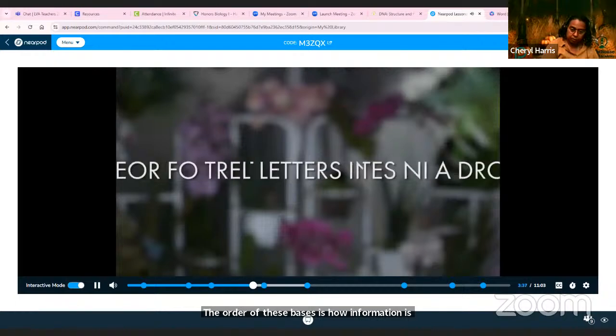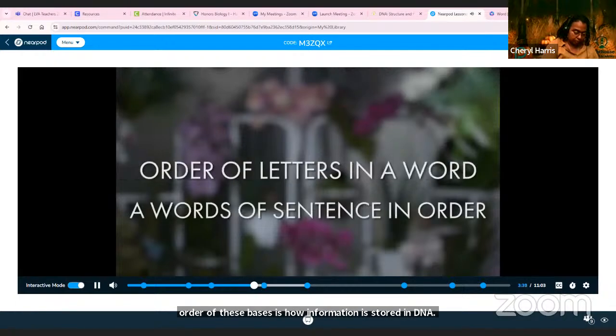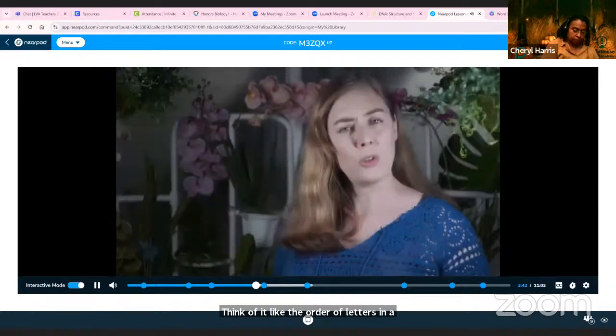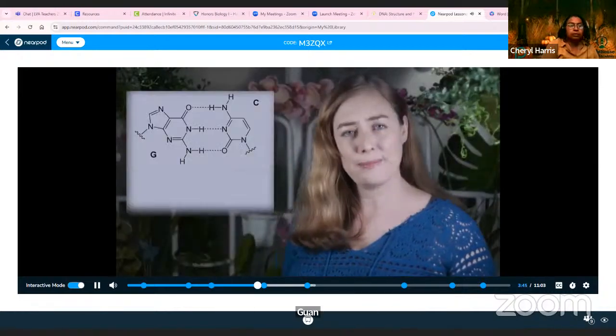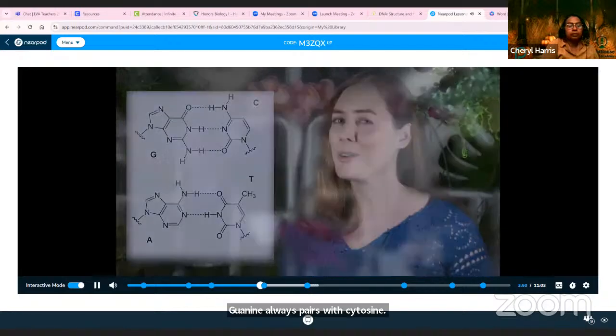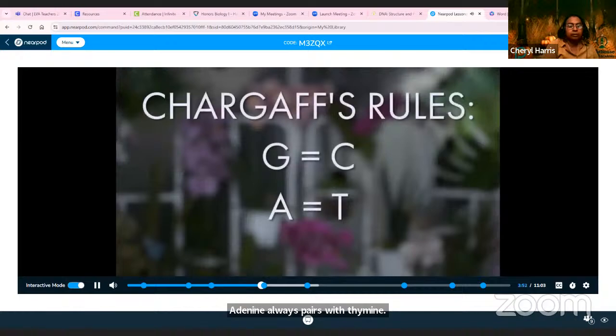Think of it like the order of letters in a word, and the order of words in a sentence. Guanine always pairs with cytosine. Adenine always pairs with thymine. These are known as Chargaff's rules, in honor of Erwin Chargaff, who determined this biochemically.